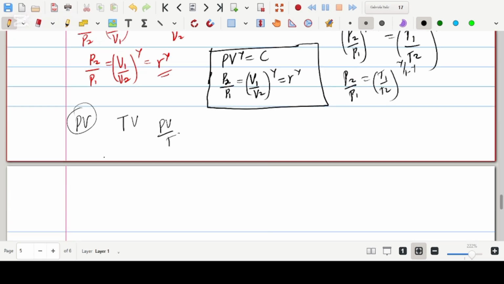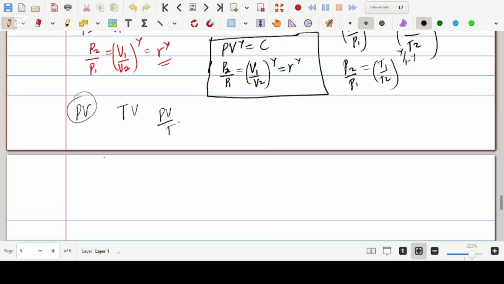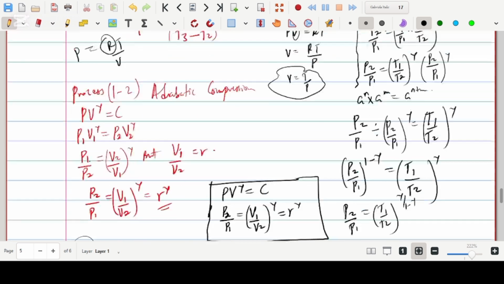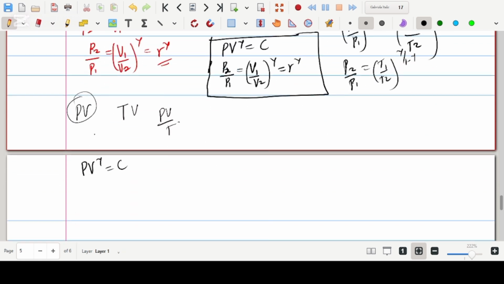So normally you should come here. You should use the general equation. You can use any one actually. You understand now? So here, that's T over V. That's how it's going to be. Or better still, here I can now say that my P1 V1 gamma is equal to P2 V2 gamma.